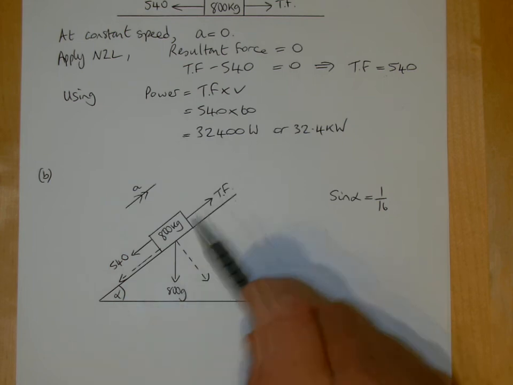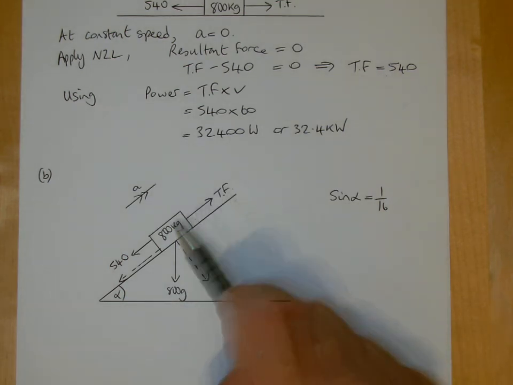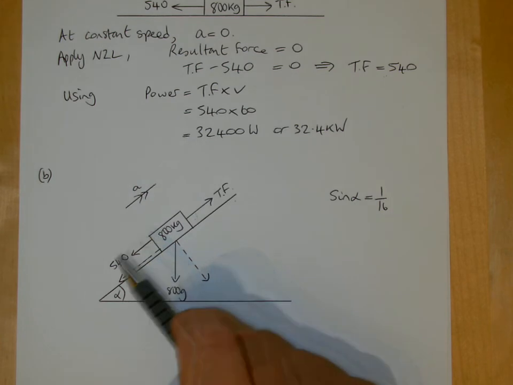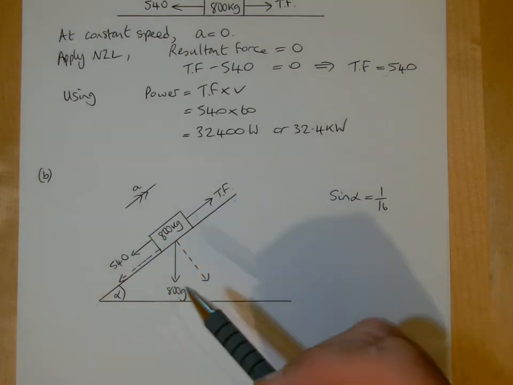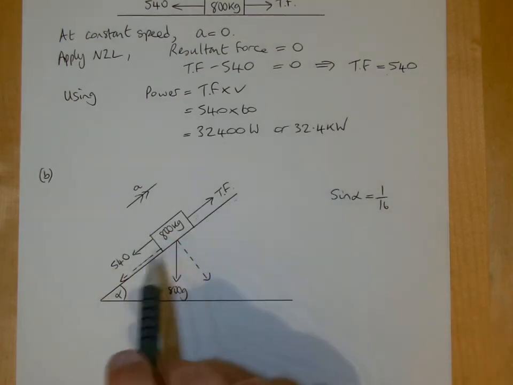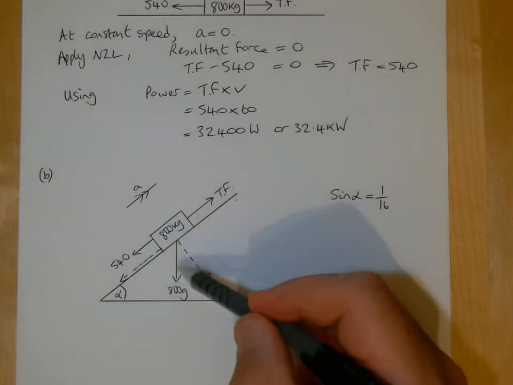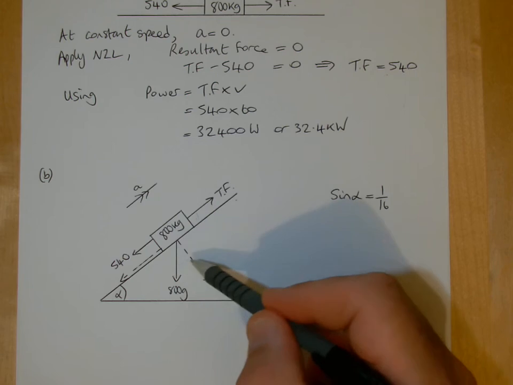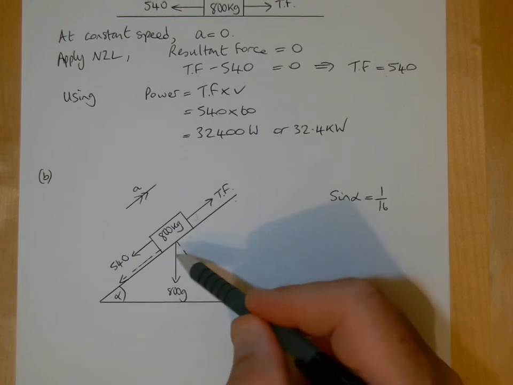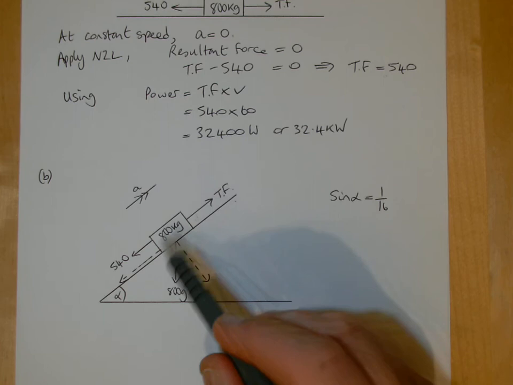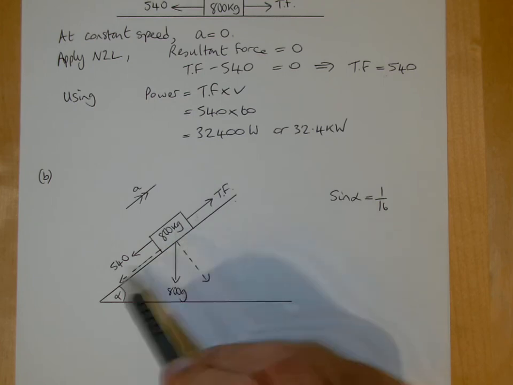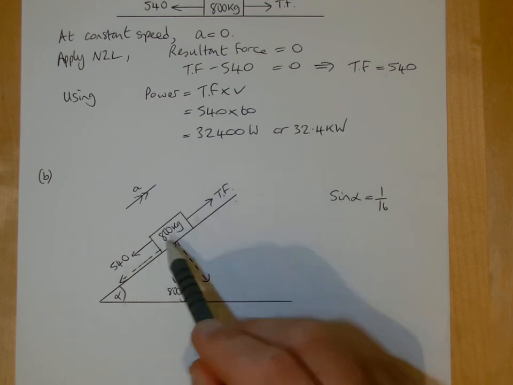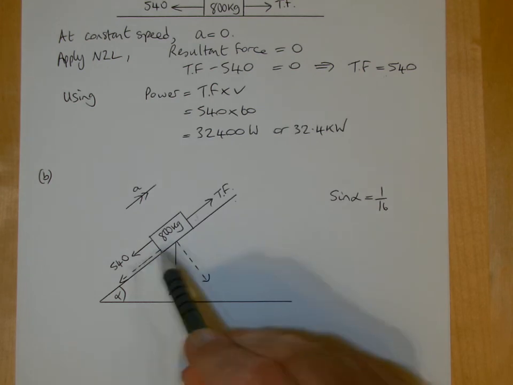There's the tractive force, pushing the car up the hill. It's got a resistance of 540 because that hasn't changed. But of course, what you need to appreciate, when you're going up a hill, the weight is still directed vertically downwards. So we now need to consider the component of the weight in the perpendicular direction to the inclined plane, but most importantly parallel to the inclined plane.